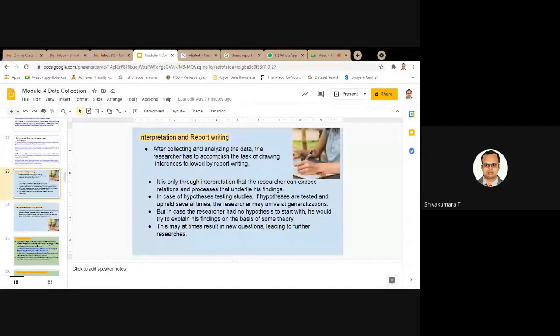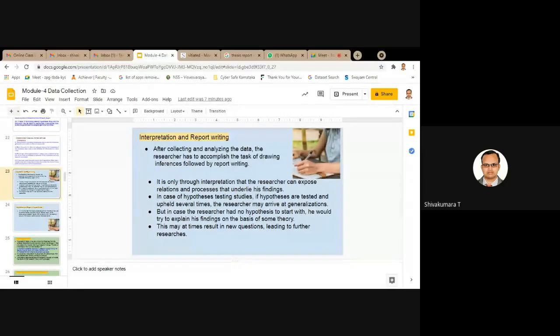Now, this is one of the very important subtitles for the data collection, and this is the last step in the research work, that is report writing. So previous to the report writing, let us understand what is interpretation. The word is self-explanatory.